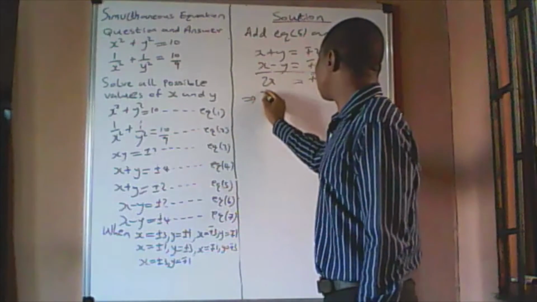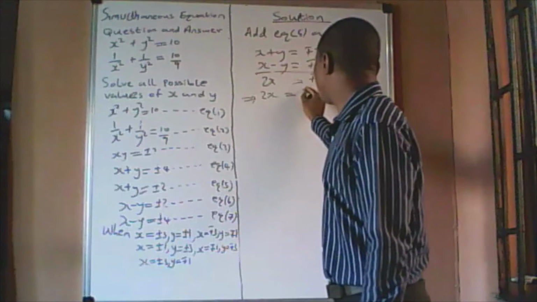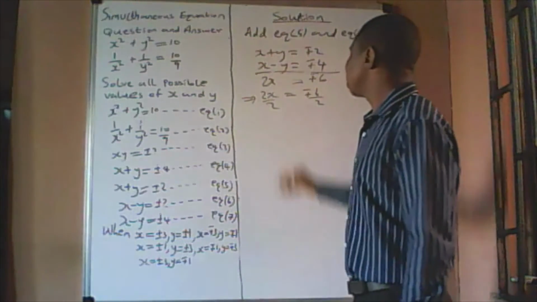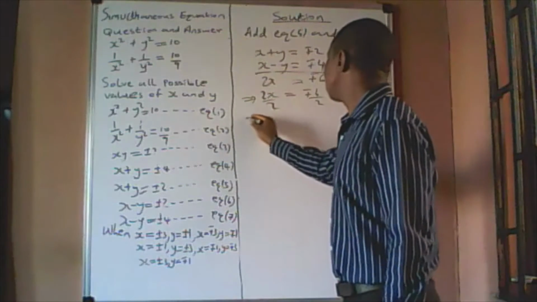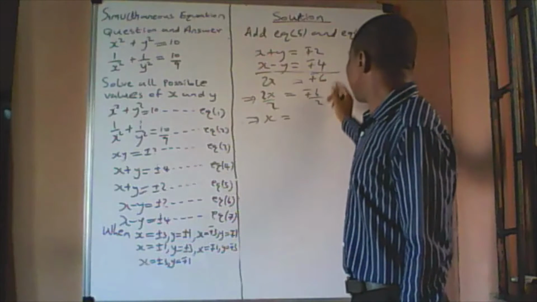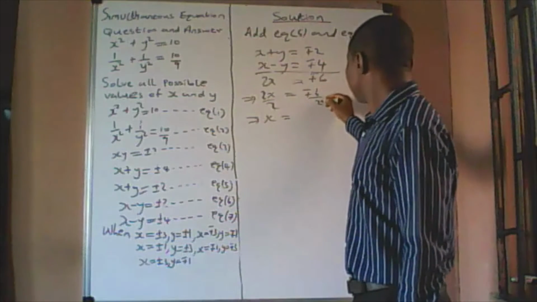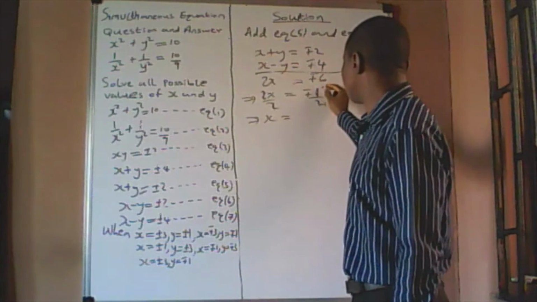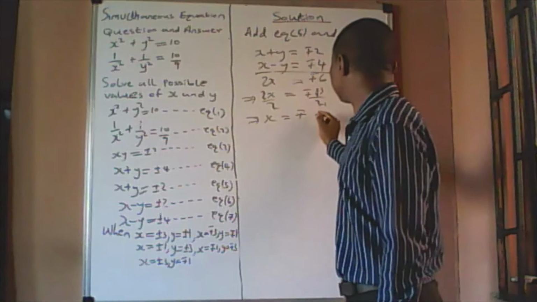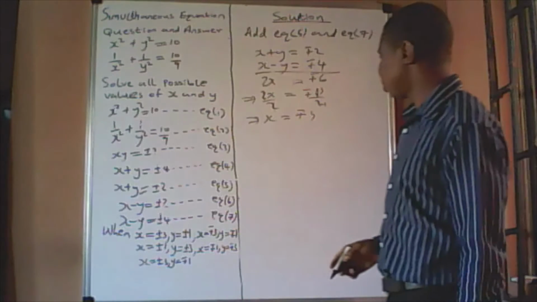It implies 2x divided by 2 is equal to minus or plus 6 divided by 2. 2 cancels 2, it implies x remains x. Then 2 cancels here, 3. We have minus or plus 3.